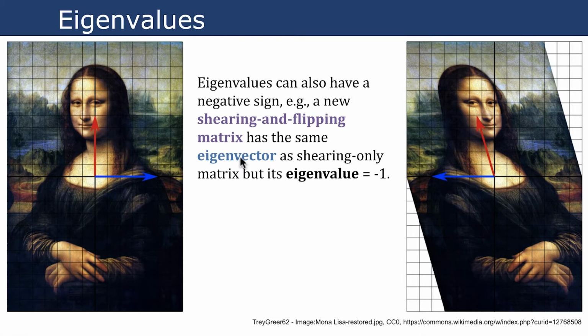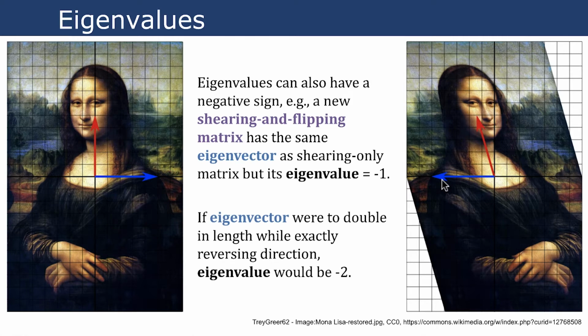But this blue vector is still an eigenvector. In this case, because it's 1, 2, 3, 4, 5 units long, but now facing the exact opposite direction of the original vector, which was 1, 2, 3, 4, 5 units long, that means that the eigenvalue for this eigenvector and this particular shearing and flipping matrix that we've now applied is -1.